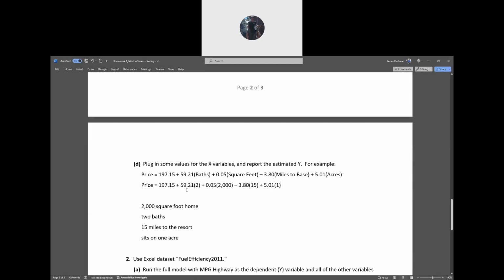Okay, 197 plus 59.21 times 2,000 square feet.